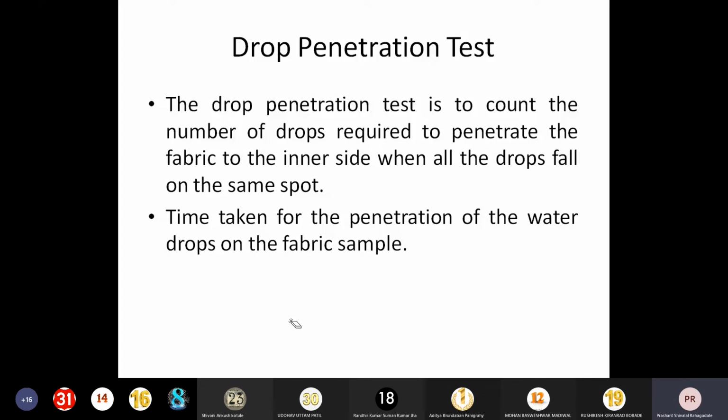Now in this drop penetration test, we count the number of drops required to penetrate the fabric to the inner side. Now here what you are doing, you will try to make the drop to fall on same spot. Drop penetration test में आप क्या करते हैं, on a single spot you will make the drop to fall.